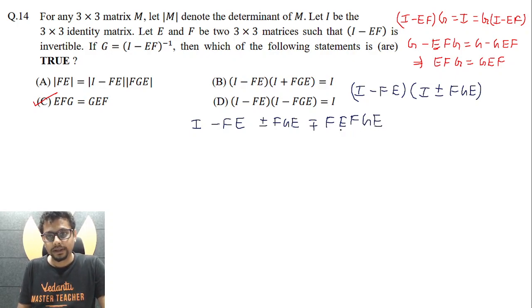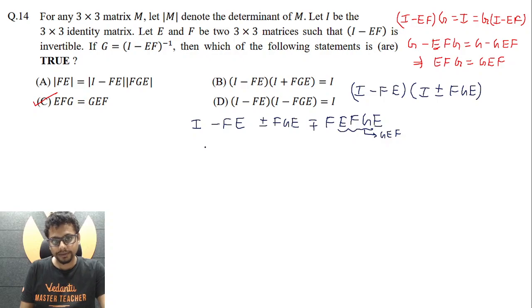So here EFG is same as GEF. So I can take FGE common. It becomes I minus FE plus minus. If I take FGE common, I get I minus FE, since FGE has been taken common.